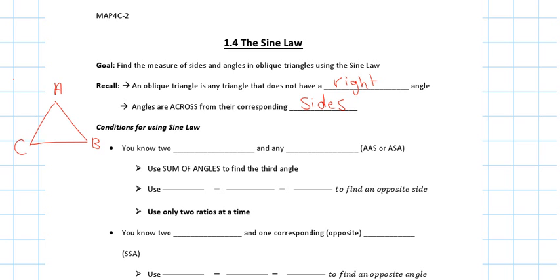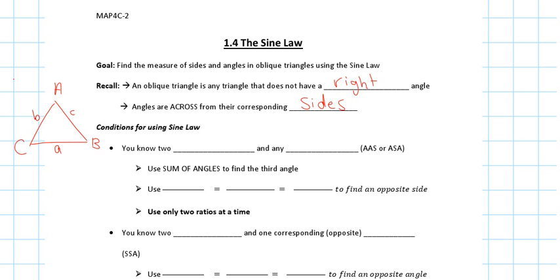So this is side a, this is side b, this is side c. When we're talking about oblique triangles, we're not talking about opposite, hypotenuse and adjacent anymore. It doesn't exist because I don't have a hypotenuse. We're talking about a side that has the name that's opposite to whatever your angle is, same as the opposite angle is.